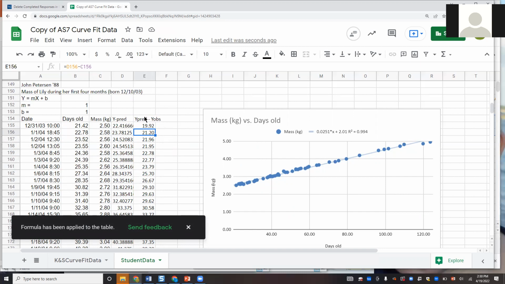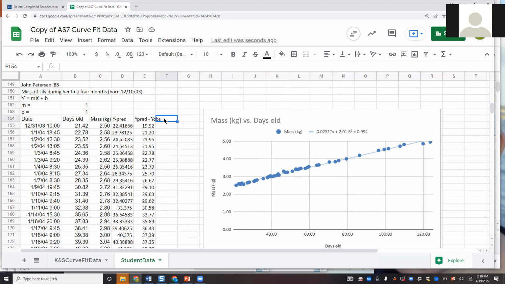Now, we could do this in one equation, or we could do it in two. Let's do it in two. Let's call this y pred minus y observed. I'm going to put these in parentheses and then put hat 2, because we're going to square that value.